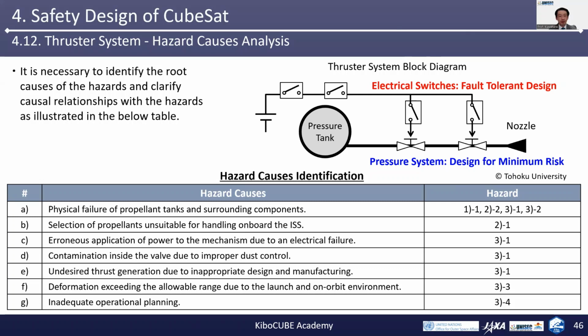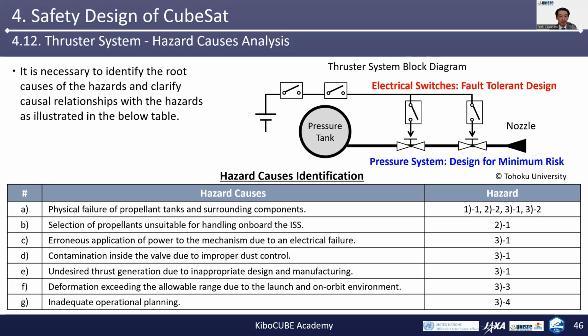The first root cause is the physical failure of propellant tanks and surrounding components. The second one is the selection of propellants unsuitable for handling on board the ISS. The third one is the erroneous application of power to the mechanism due to an electrical failure. The fourth one is the contamination inside the valve due to improper dust control.